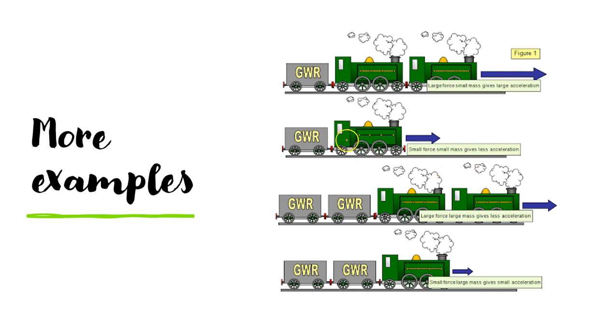If we take it down to 1 engine and 1 trolley, we're going to have half the force. So now this is going to halve the acceleration that we're able to attain. If I want to increase the amount of mass and maintain the same acceleration as in the second example, I would need to increase the force.